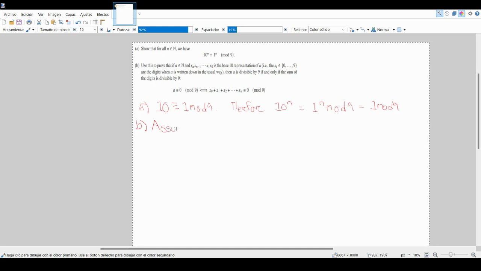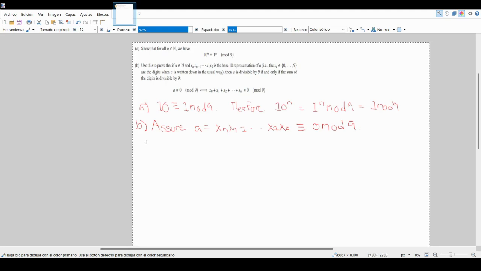assume A, which can be written as xn, xn minus 1, all the way up to x1, x0, where this is not multiplication, these are just the individual digits. We will assume that this is congruent to 0 mod 9.